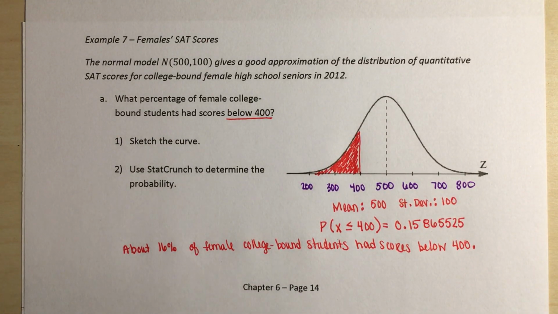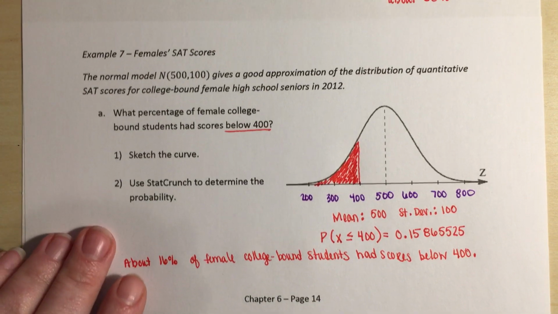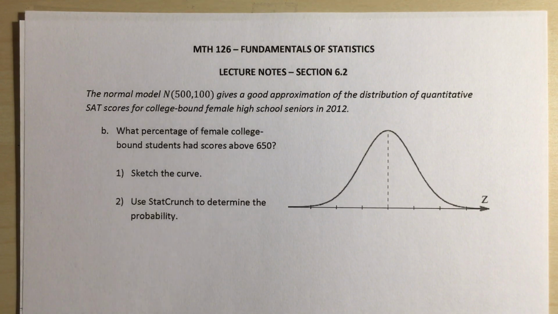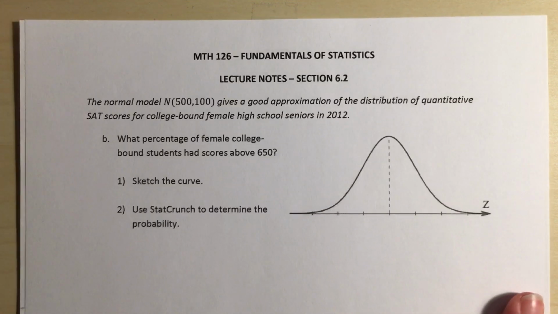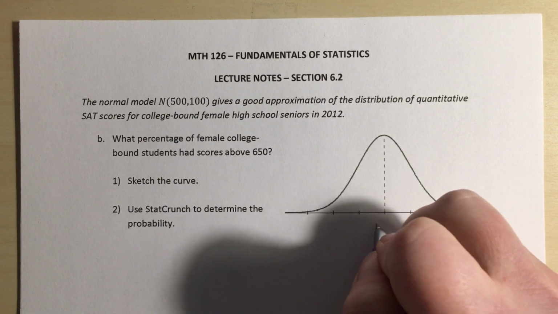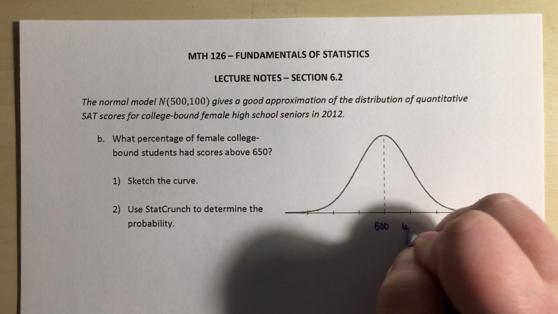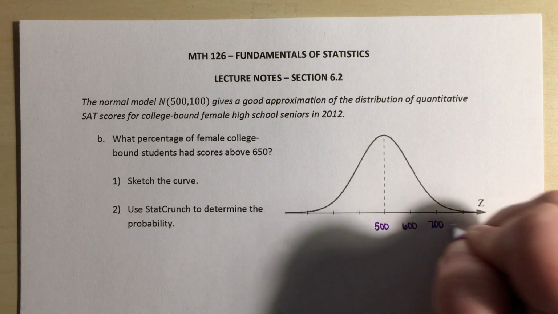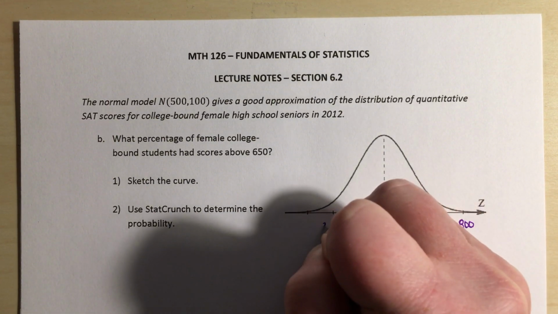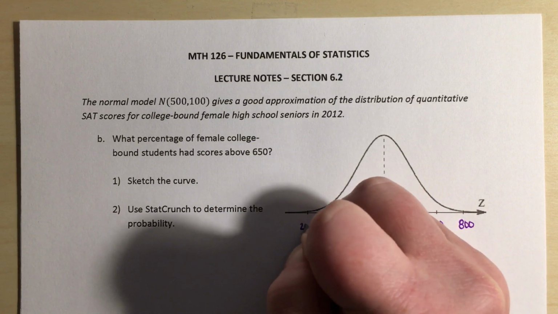So nice quick example using StatCrunch. We're going to go through a couple more of the same scenario using StatCrunch. So again, we're still looking at our normal model here. Our mean is still 500 and our standard deviation is still 100. So 500, 600, 700, 800, 400, 300, 200.